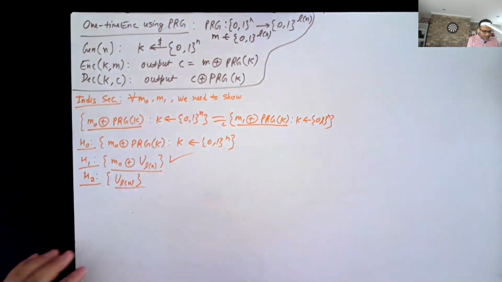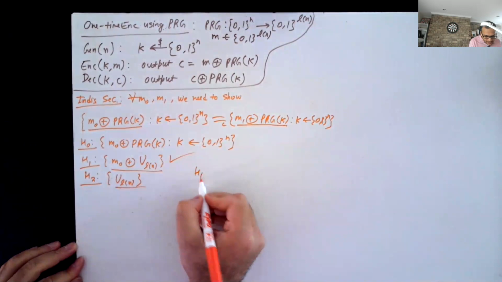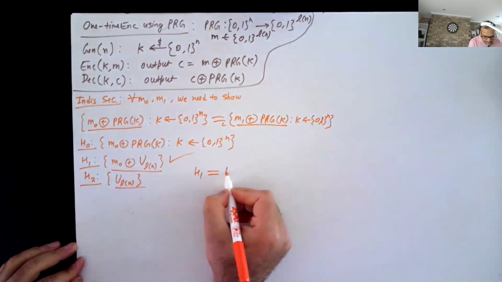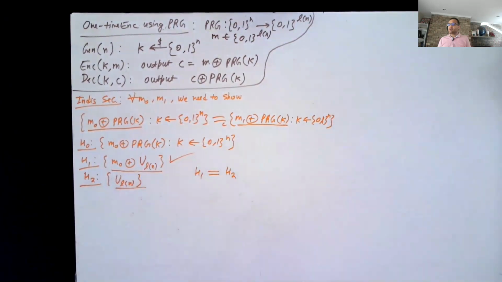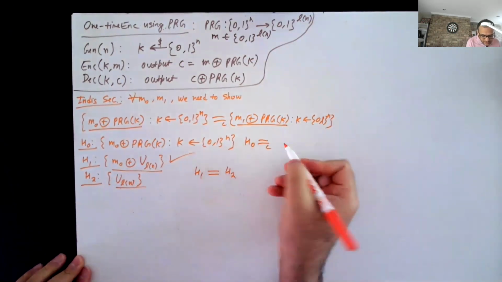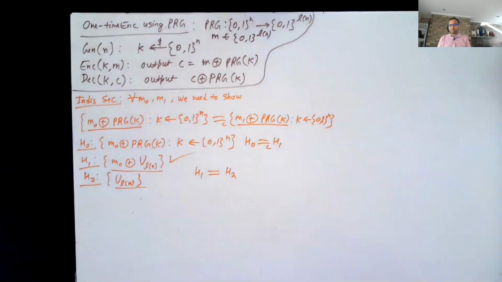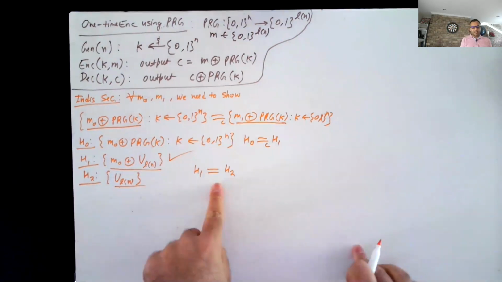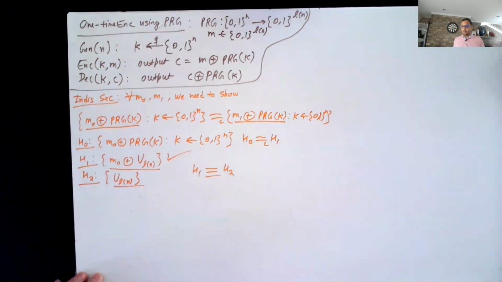Okay, so this hybrid and hybrid 2, they are actually equal distributions. There's no cryptography involved. I am not even talking about computational indistinguishability. On the other hand, hybrid 0 is computationally indistinguishable from hybrid 1. And here we have exact equality. It's typically written with this sign.